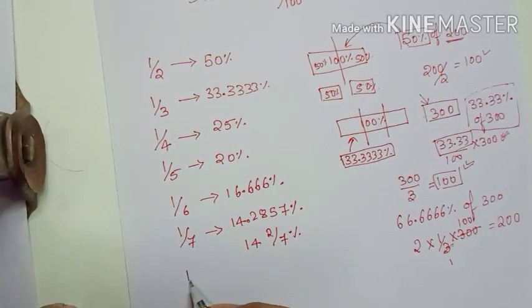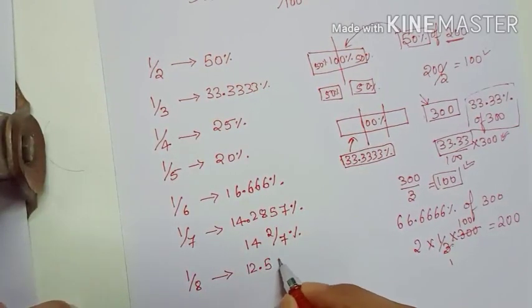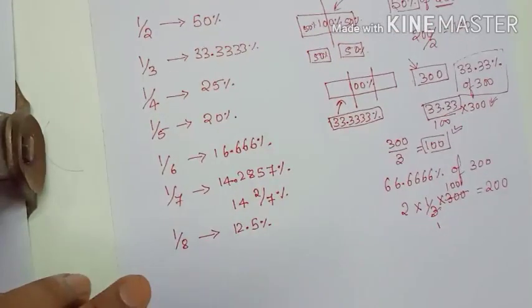Now for 1 by 8, it is 12.5%. Getting this? 12.5.